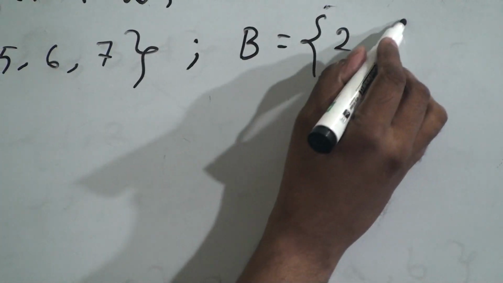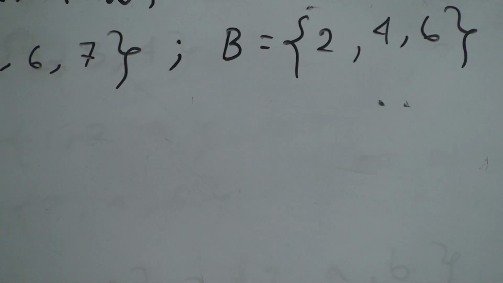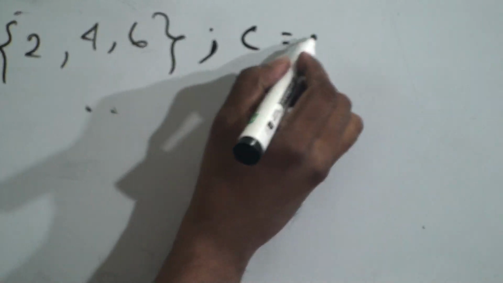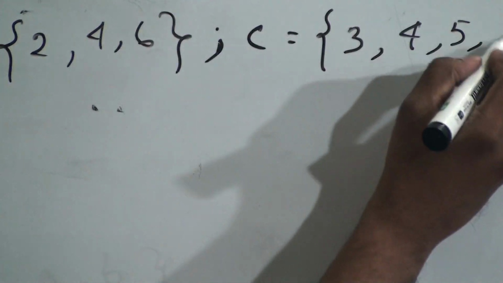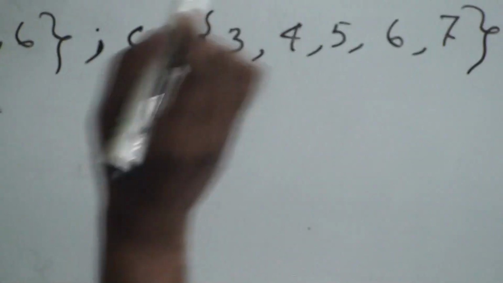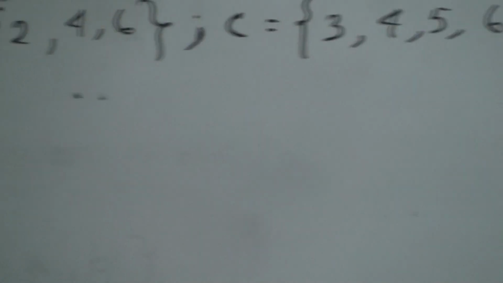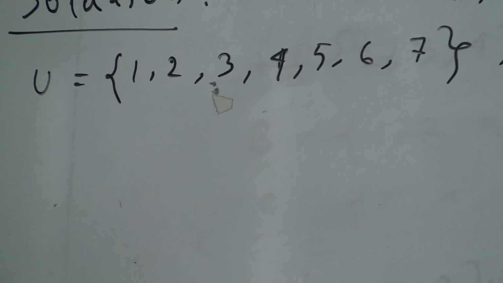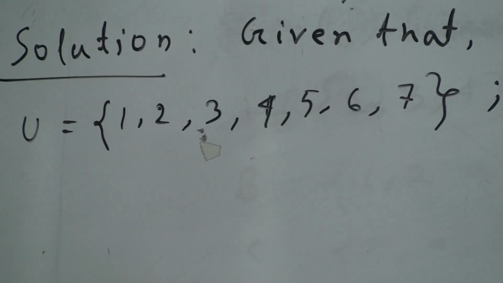And C equal to 3, 4, 5, 6, 7. Now we will find out the value of left hand side and right hand side. If the value of left hand side and right hand side is the same, then we can say that the statement is a verified statement.